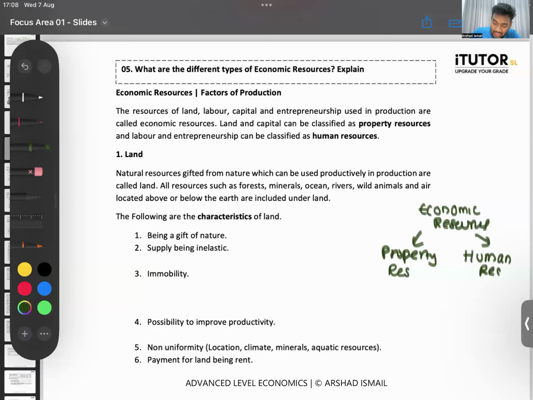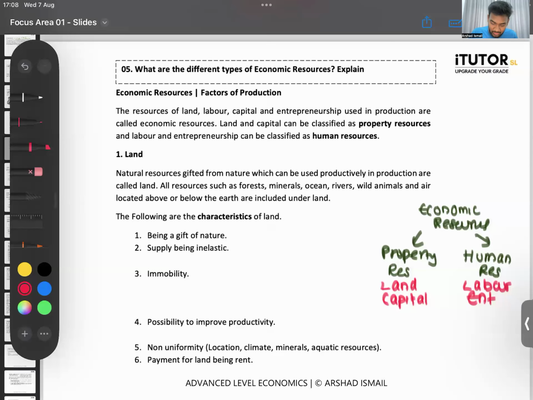From land, labor, capital, entrepreneurship, which of these are property resources? Land and capital are property resources. Which of the ones are human resources? Human resources are labor and entrepreneurship. Done. That's the story.